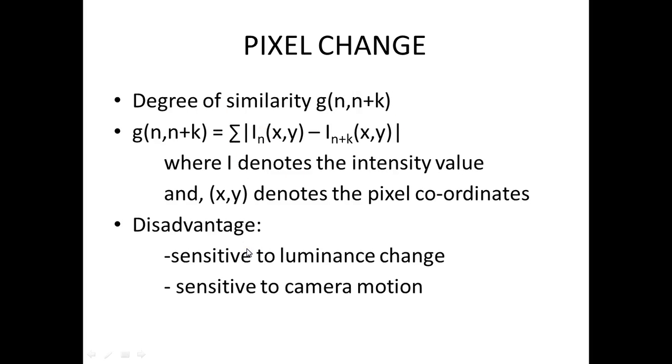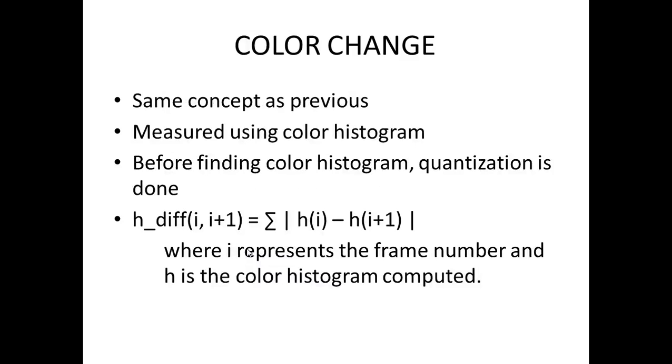There are disadvantages to this scheme of detection. It is sensitive to luminance change, and the parameter is also sensitive to camera motion such as zooming or panning. The second one is the color change, where instead of using the pixel intensity, we use the color histogram.